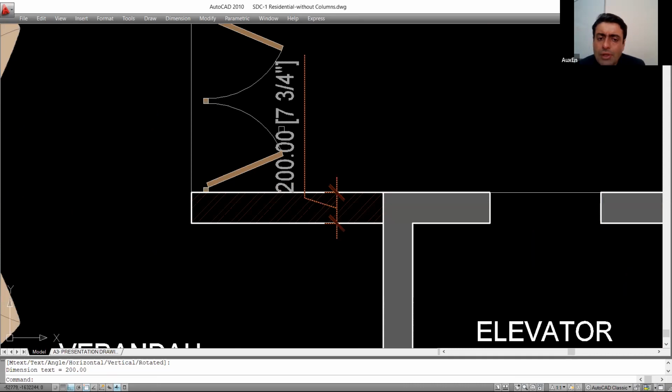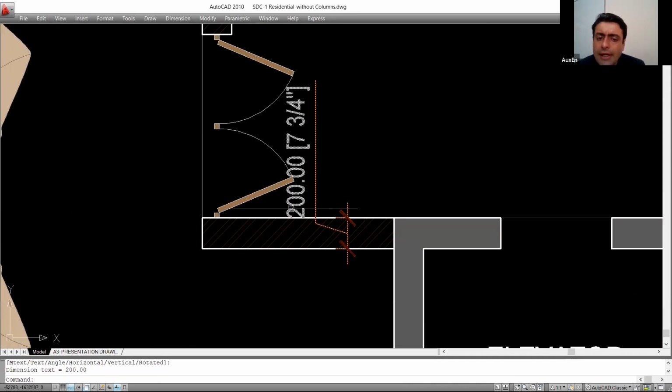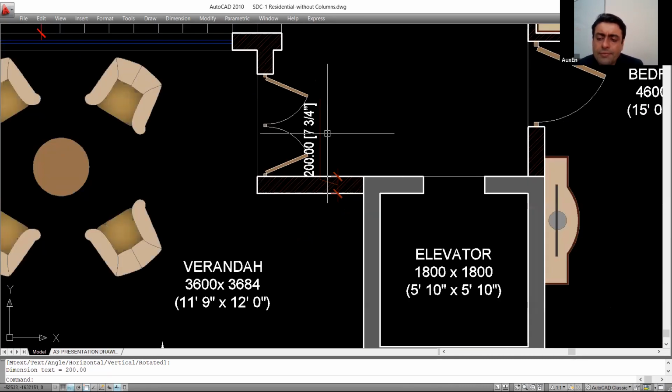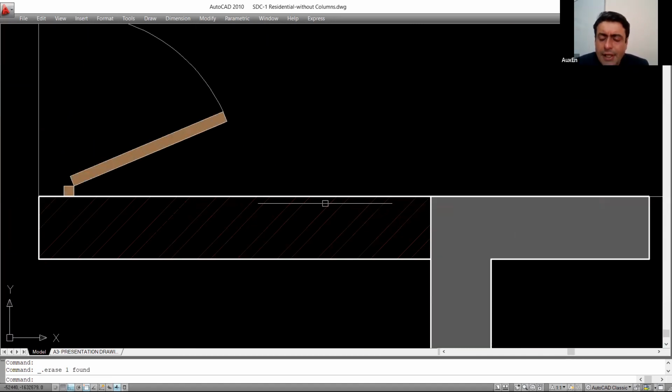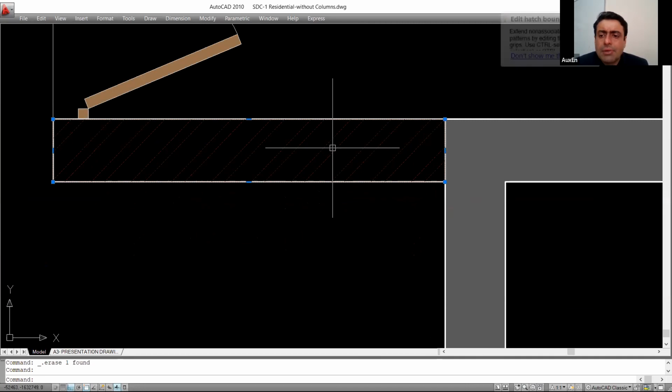So you will see a brick wall thickness of 8 inches. Am I clear? Over here we get an 8-inch brick. So we are seeing 8-inch brick wall. Okay. So this hatch indicates brickwork. So you can see that.